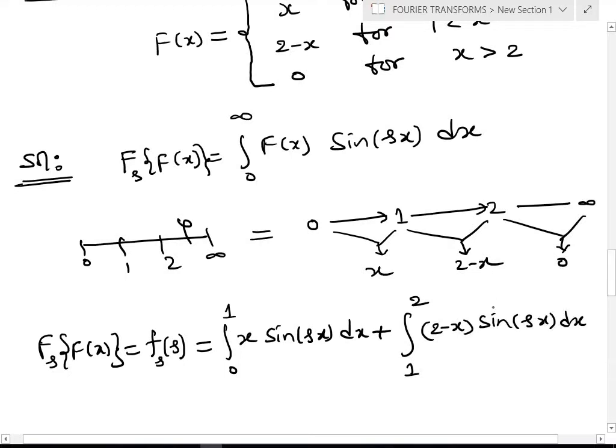The next term from 2 to infinity is not required, since the function is already 0. Okay, fine.